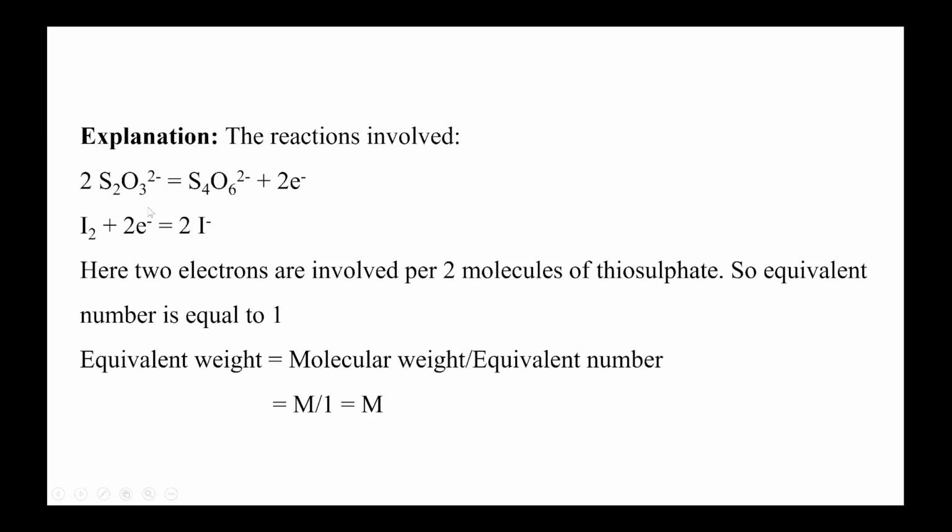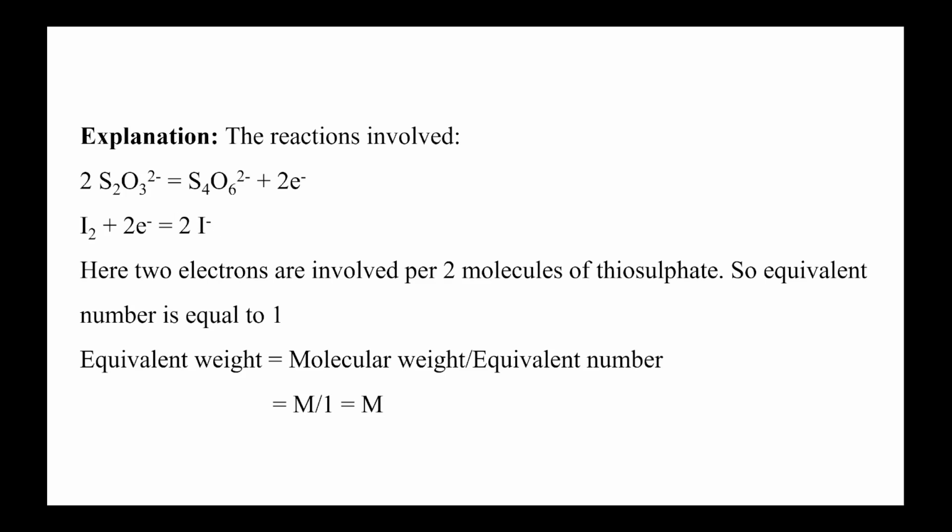So this is the reaction. This is the thiosulfate ion, and two molecules of thiosulfate ion are releasing two electrons when reacting with iodine. These two electrons are then taken up by iodine to form the iodide ion.